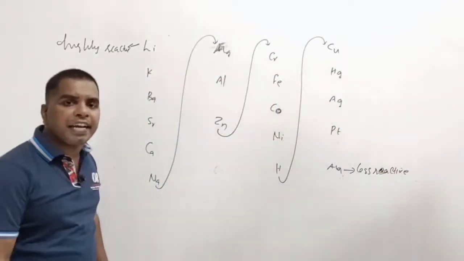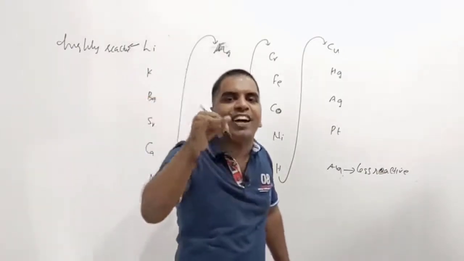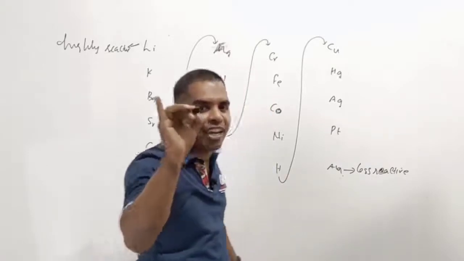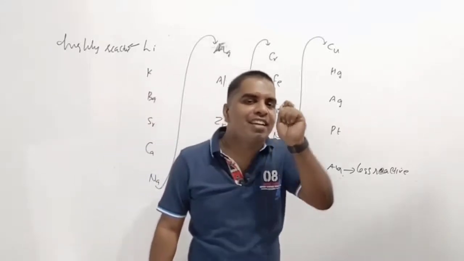Lithium is highly reactive, which means metals with low reduction potential values are highly reactive, and metals with high reduction potential values are less reactive.